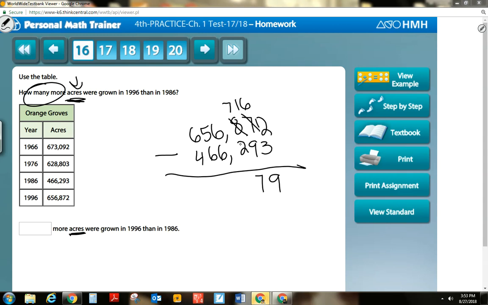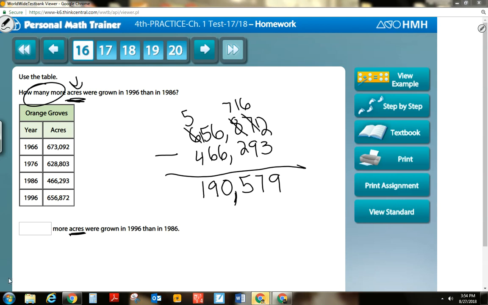The hundreds place, 7 take away 2 is 5. Just bring my comma straight down. 6 take away 6 is 0. 5 take away 6. I can't do it. Yo, 6, can I borrow one? Sure, here you go. 15 minus 6 is 9. And 5 take away 4 is 1.